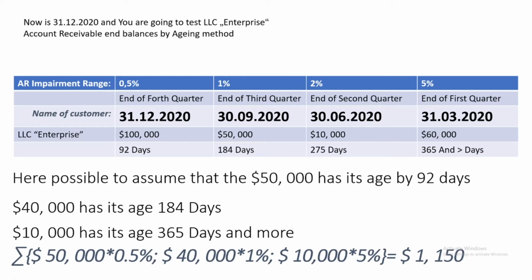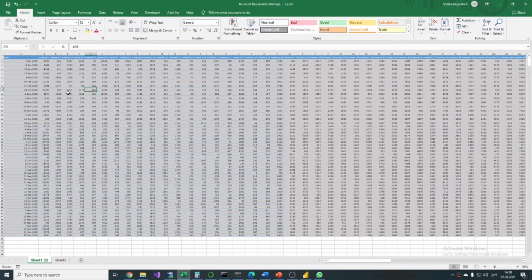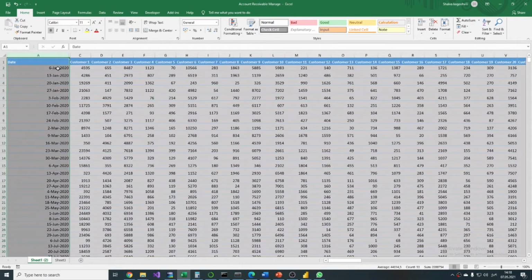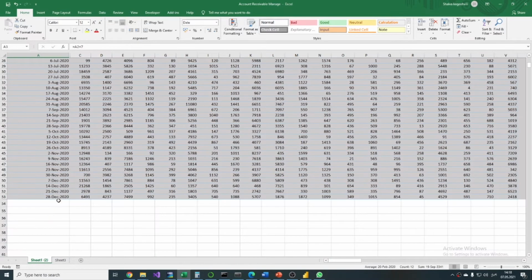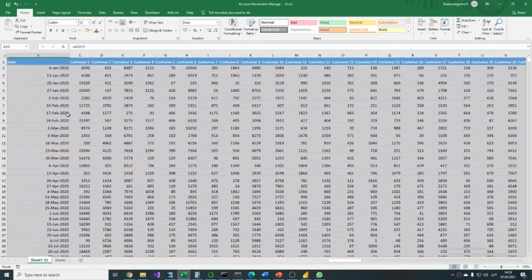Let's start with big data testing and assembling data visualization based on the aging procedure. Let me show the practical table for managing accounts receivable. The first column is related to date. Here is every week's date through the whole year to the finish, 52 weeks.